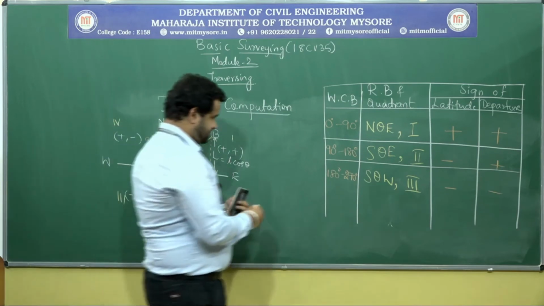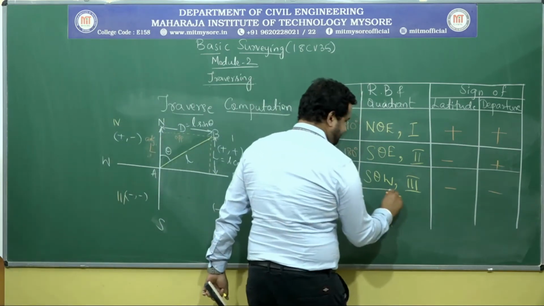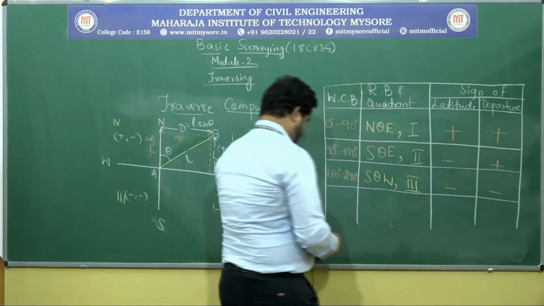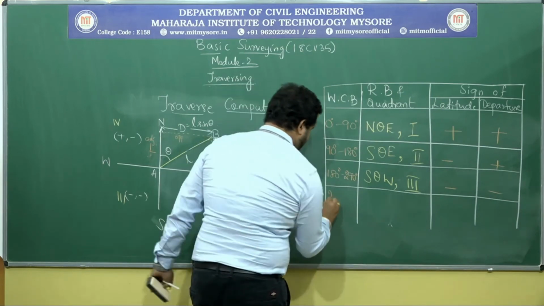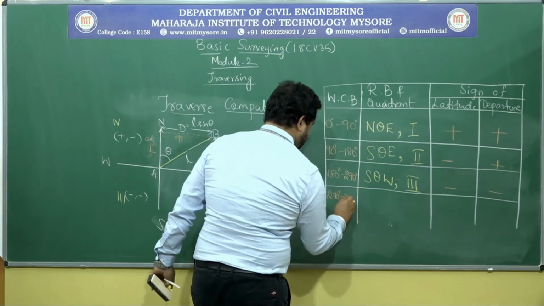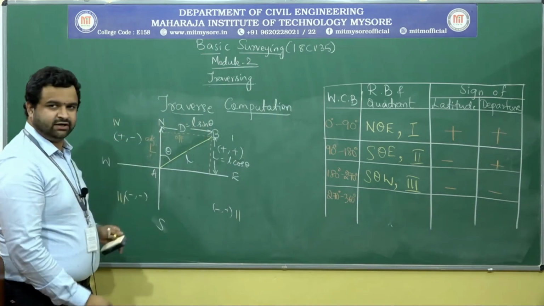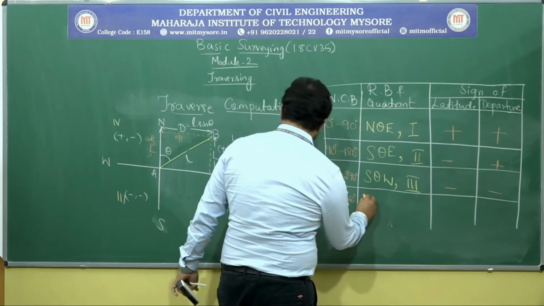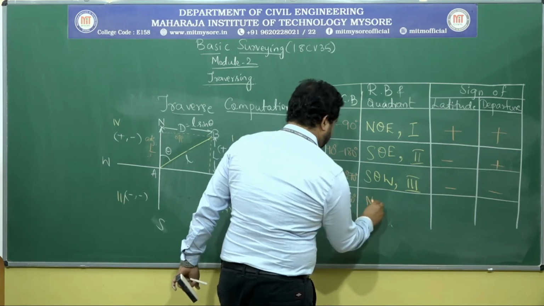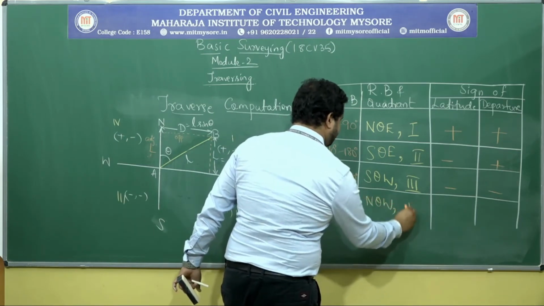Okay, and at last, fourth quadrant, 270 degrees to 360 degrees, it will be north theta west, fourth quadrant.